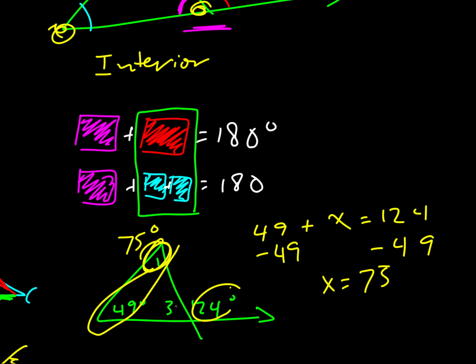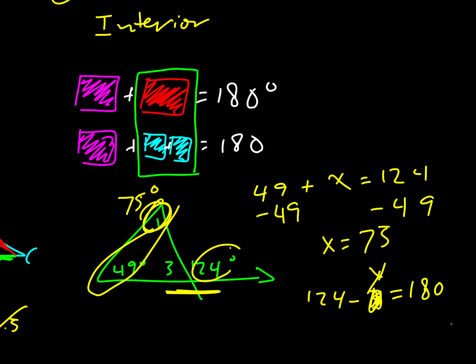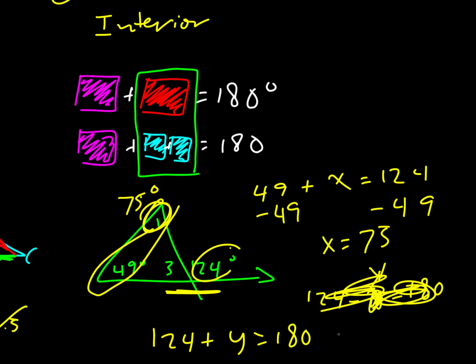Now, we could either add this and subtract it from 180 to get this, or we could just say 124 minus angle 3, which is y, we'll just call it y, is equal to 180. No, let's not approach it that way, sorry. Let's say 124 plus angle 3, which I'm going to call y, is equal to 180.